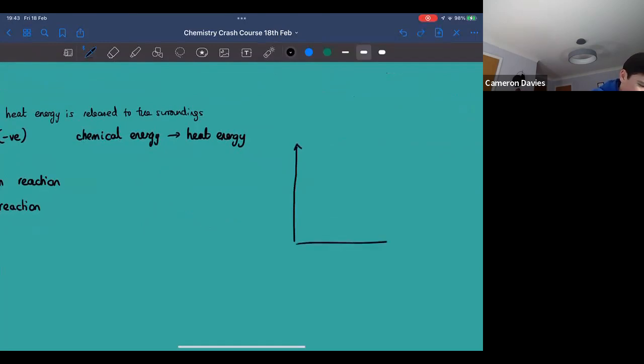Just make that bigger. Where this is potential energy. This is the reaction pathway. In this particular case, we have our reactants, but then we're releasing energy so that there is a greater change in enthalpy.